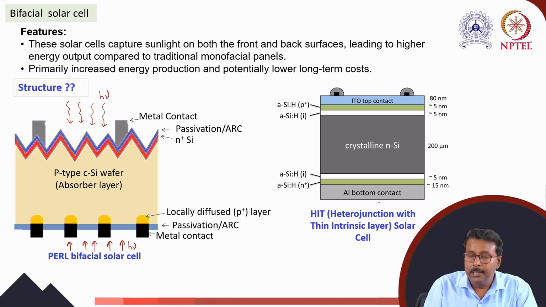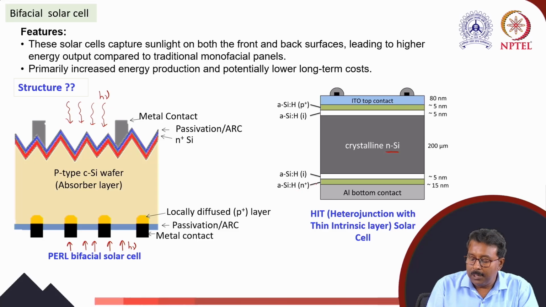Another structure, the HIT structure we discussed earlier, is based on a crystalline N-type silicon wafer. On both sides there are amorphous intrinsic layers. These amorphous intrinsic layers are basically buffer layers to reduce the interface mismatch, and then the P plus layer is also deposited based on amorphous silicon, because this is deposited using a chemical vapor deposition technique.